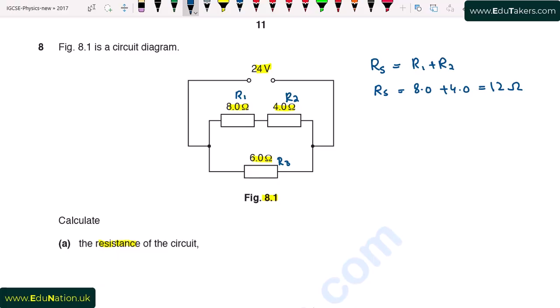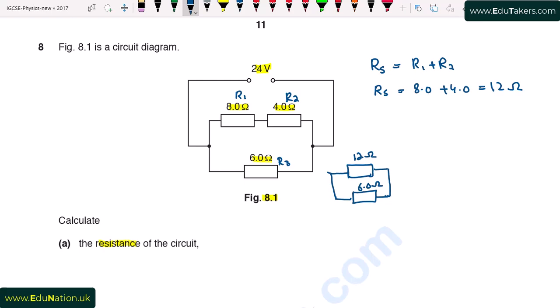I also draw a circuit here again. This is 12 ohm. And here it is 6.0 ohm. Now we can see that both of these resistances are in parallel.